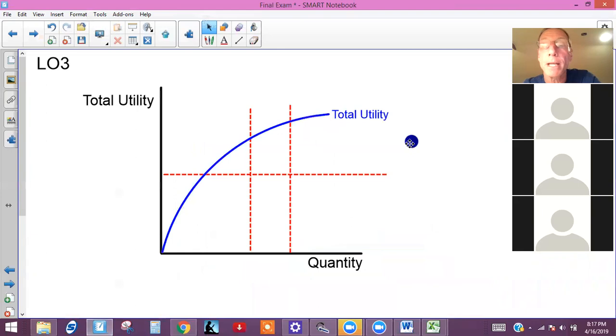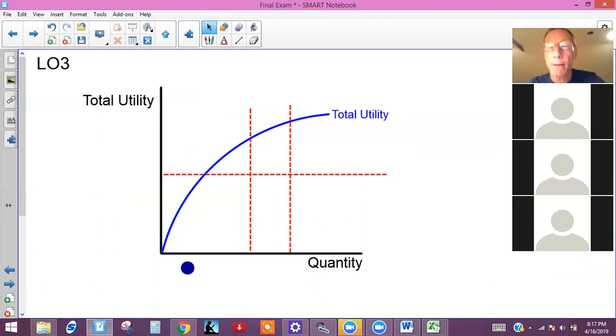It means that as a consumer consumes more of anything, the utility, their happiness, or the use they get out of it, diminishes, right? So let's just think about money, right?